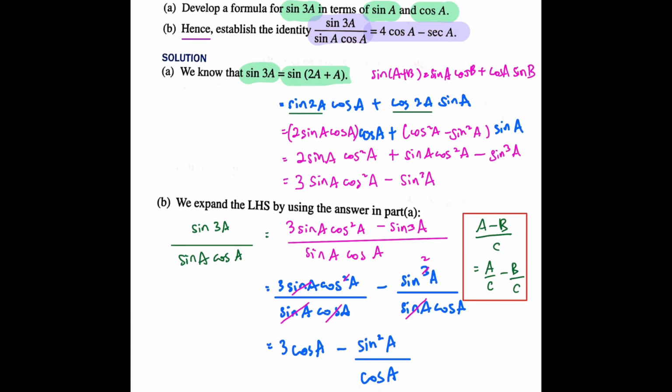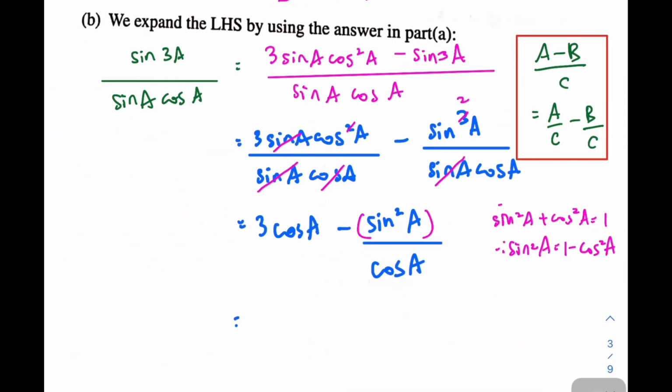So let's open up the sine using the formula for identities. In our identities, we know that sine squared A plus cos squared A is equal to 1. Therefore, sine squared A is equal to 1 minus cos squared A. So let's substitute this value inside sine squared A. You should get 3 cos A minus (1 minus cos squared A) over cos A.